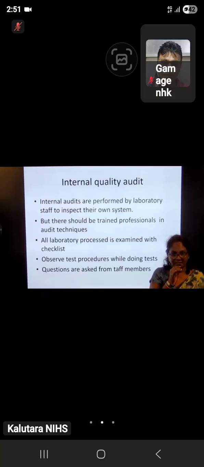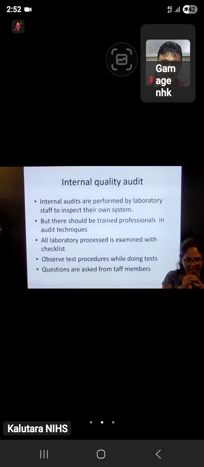They will bring the checklist and mark according to it. They will observe test procedures while the test is being done. They will ask you to do the test and they will examine. Sometimes they will examine whether you are following the steps in the SOP. Questions are asked of staff members. This is the quality audit.